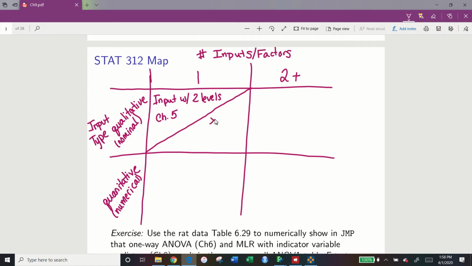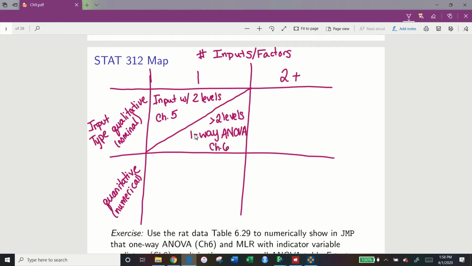When we started having that single input or single factor with multiple levels, that's when we introduced the one-way ANOVA that we learned in chapter 6.